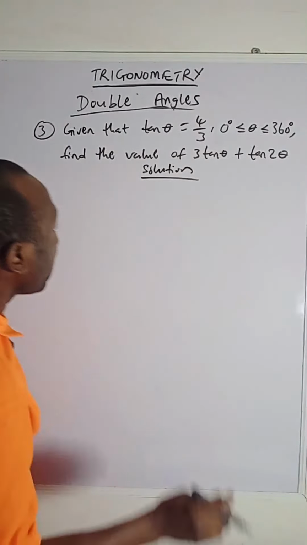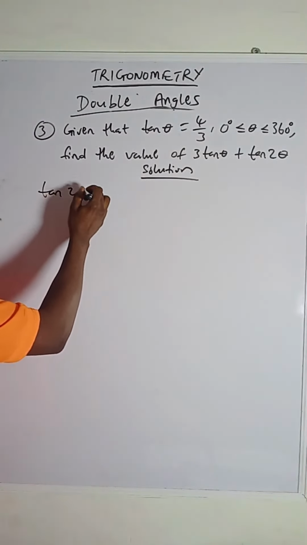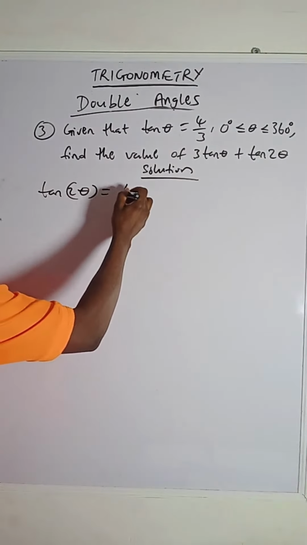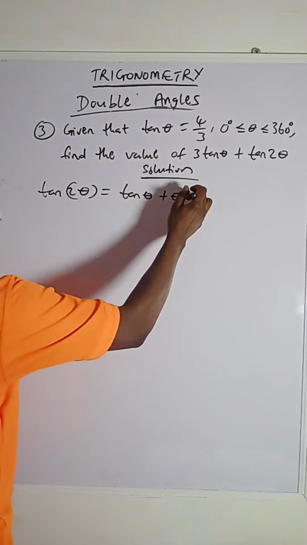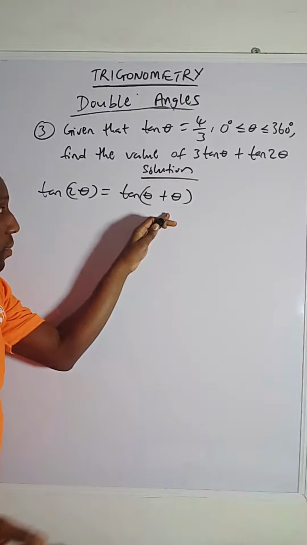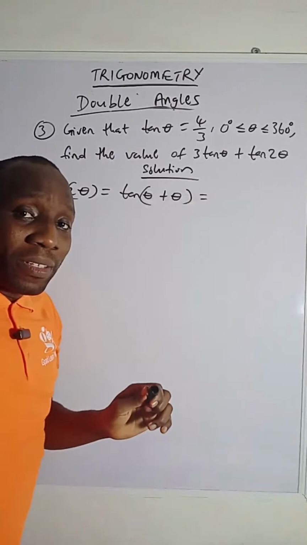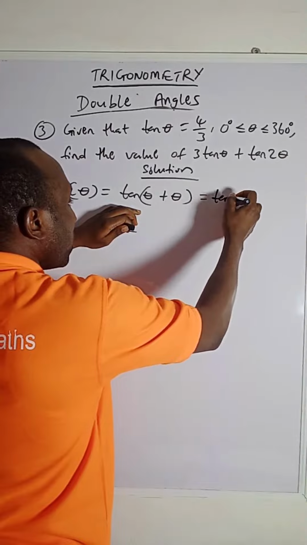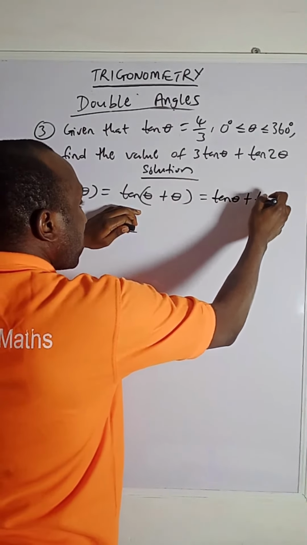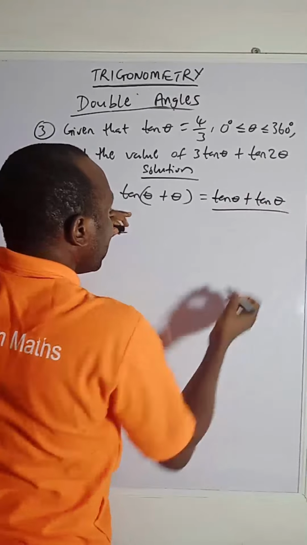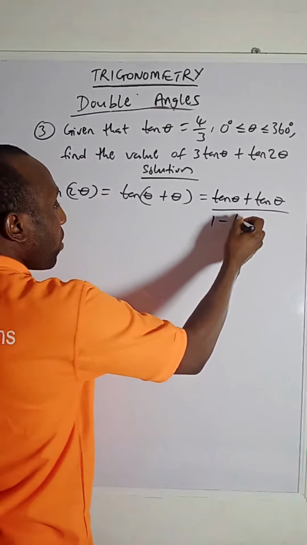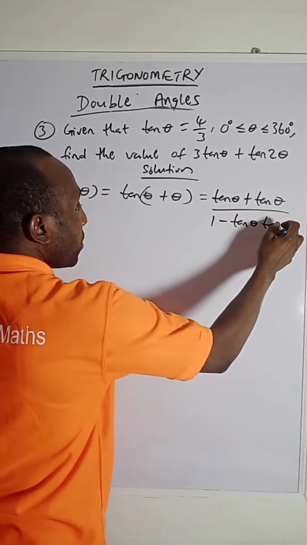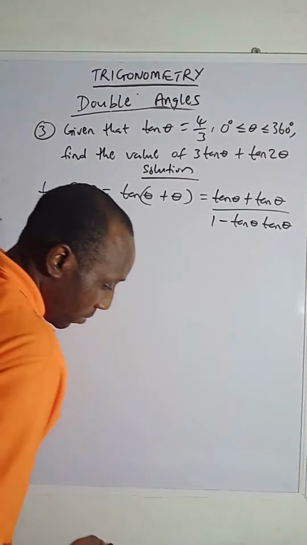Don't worry, sorry about that. So let's get tan 2 theta. Tan 2 theta is what? Tan of theta plus theta, like we did before. So using the compound angle formula, tan 2 theta will now be what? Tan theta plus tan theta divided by what? 1 minus tan theta tan theta. Does that make sense?